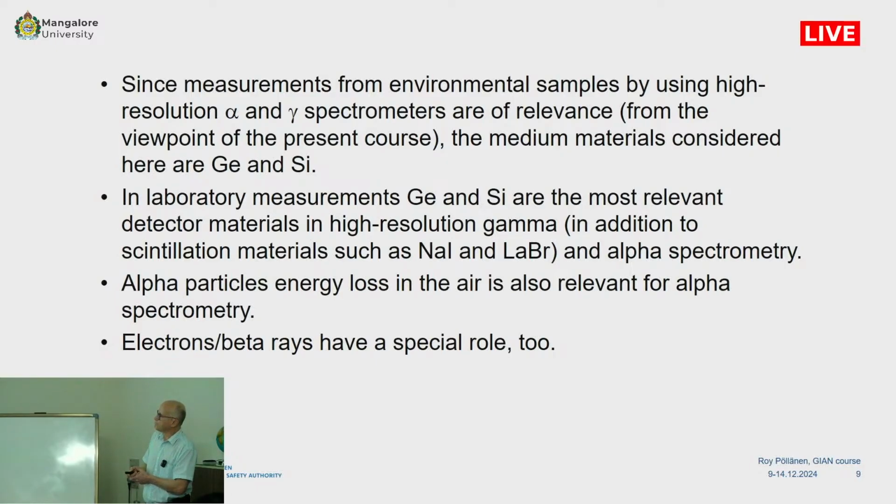And as you noticed in yesterday's lab session, alpha particle energy loss in air is relevant, and that's why alpha spectra are usually measured in vacuum chambers. But as I mentioned, electrons and beta rays also have a role.